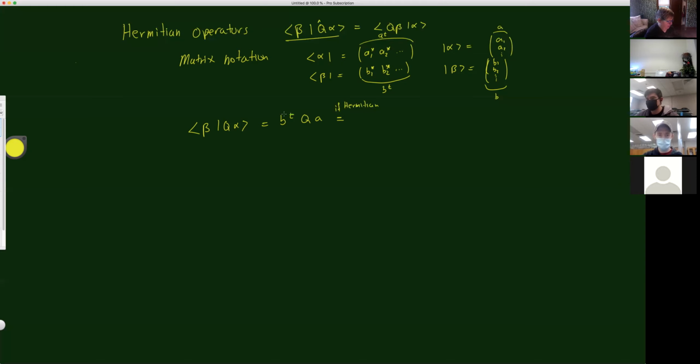Okay. Right. So if we write this out, this is what this side looks like. Now, if it's Hermitian, we know that it has to be equal to this other thing, which was Q beta alpha, right?